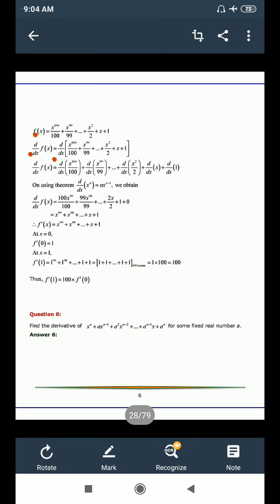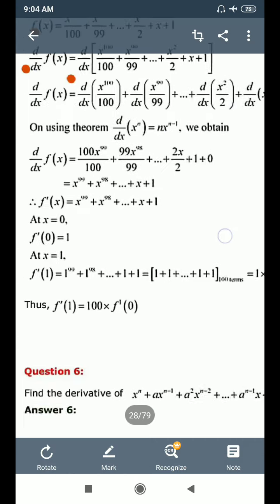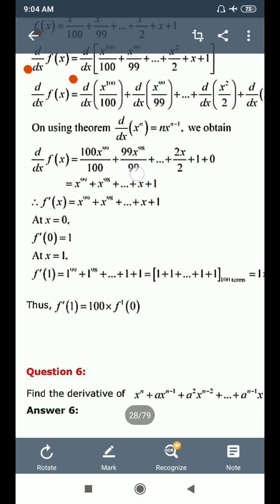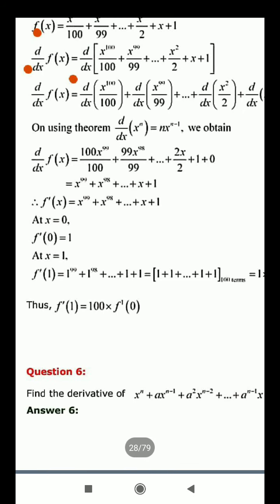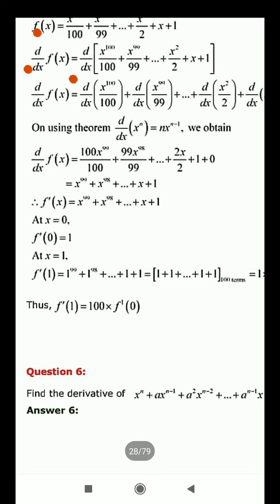So now we are able to find f dash x. Whatever is coming, this 100 cancels out with this 100. Similarly, this 99 cancels out with 99, 2 cancels out with 2. Now we are left with x raised to power 99, x raised to power 98, until x from here, and 1. You have to find f dash 0. d over dx of f(x) is also known as f dash x.